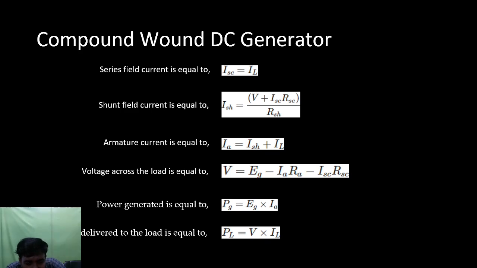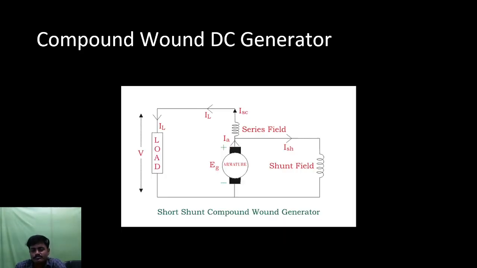And the shunt field current is equal to V plus ISC RSC divided by RSH, since we have the series field winding in series with the supply. Here this is the V value, and after the V we have the drop across the series field winding.